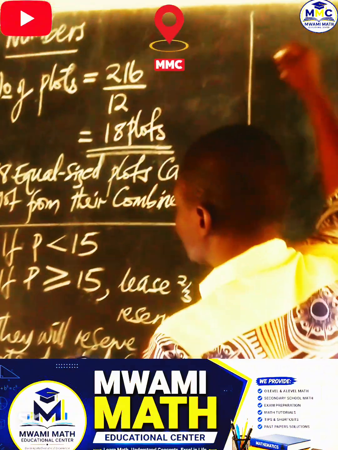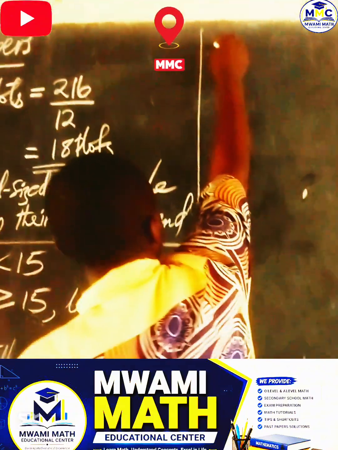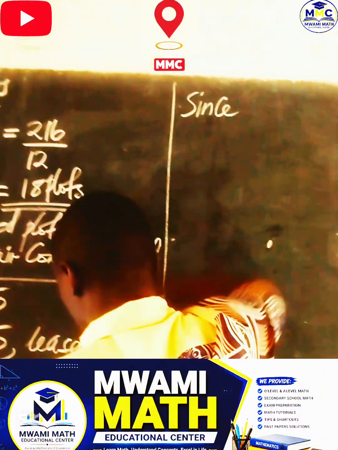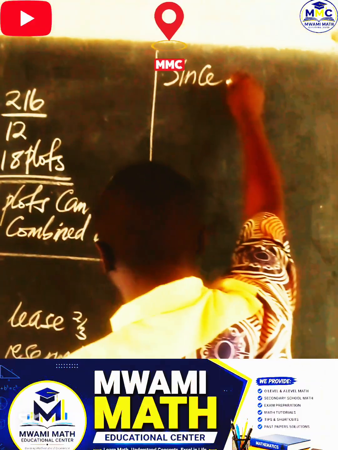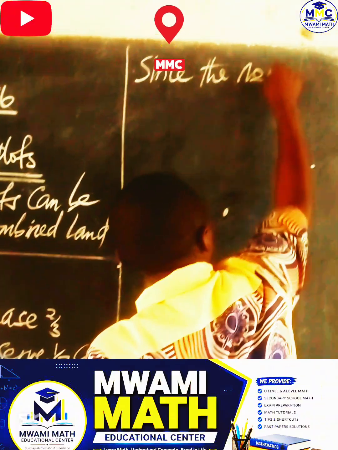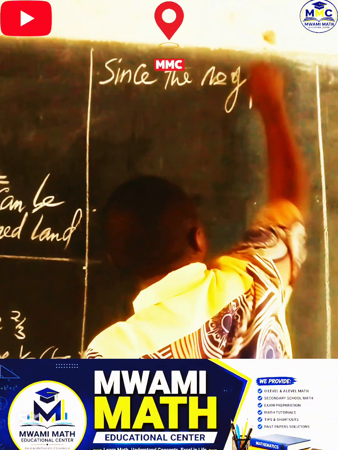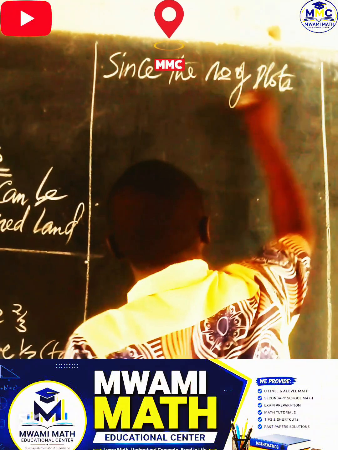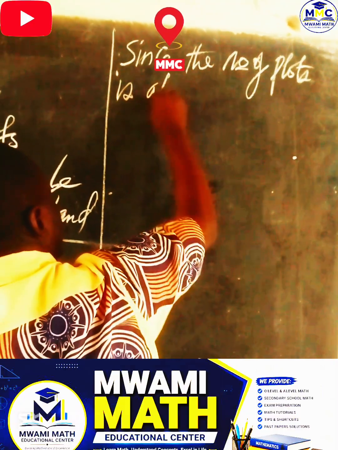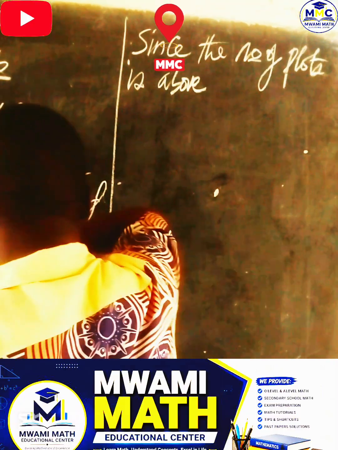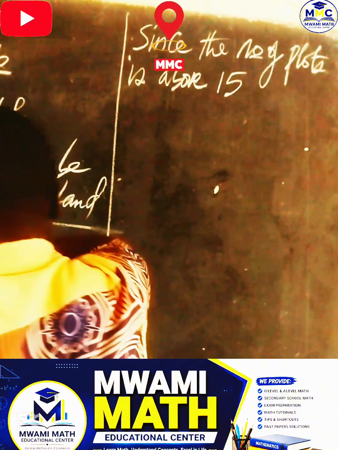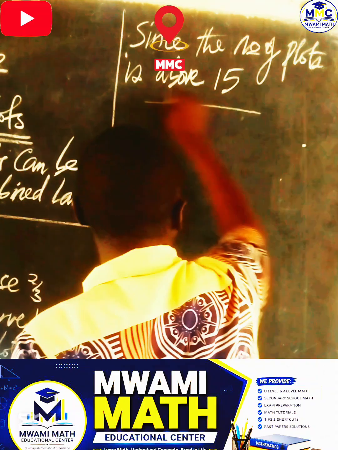Now, in brackets, they have asked us to justify our answer. Justification, you say since the number of plots is above 15.